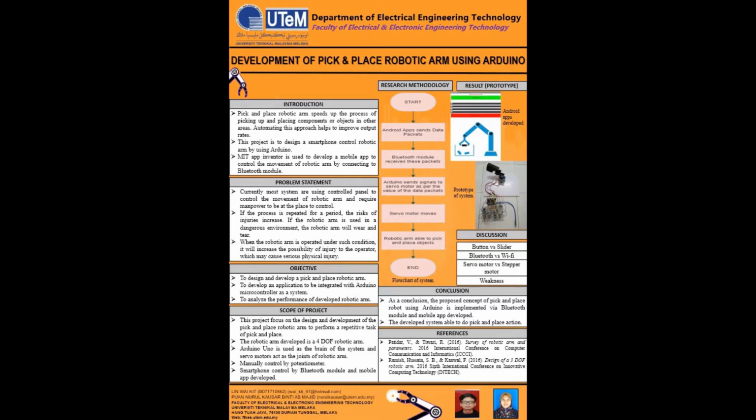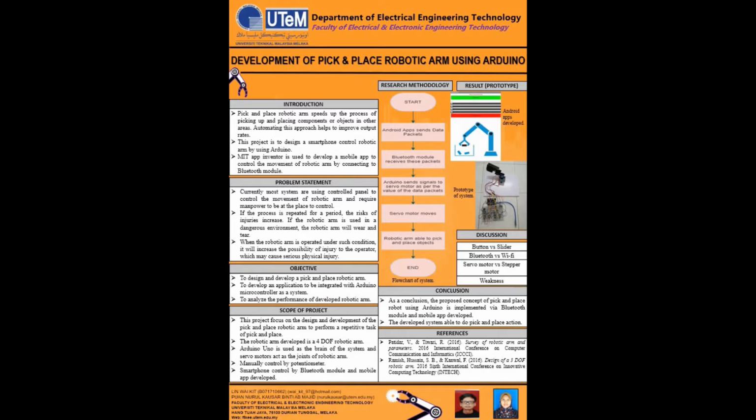Next, the Bluetooth module will receive the data packets from the Android app. The Arduino will send signals to the servo motor as per the value of the data packets. Then, the servo motor will move according to the value of degree given by the user. Therefore, the robotic arm is able to do the pick and place action.